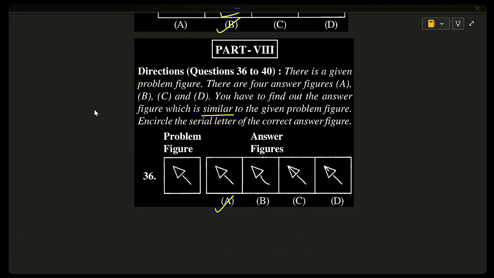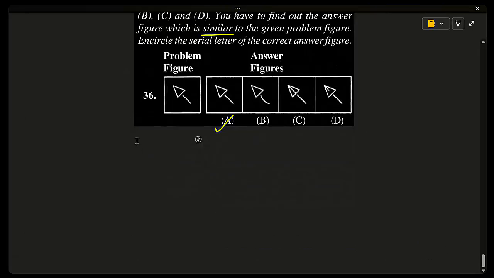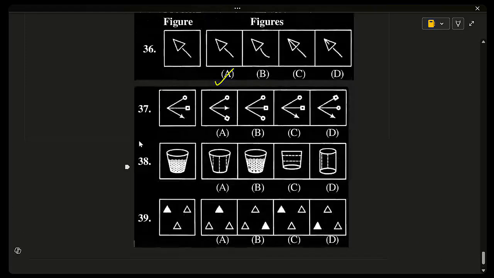Next, the 37th one. So clearly it is seen in option C, and the 38th one, option B, and the 39th one, option C. So similarity is very simple.